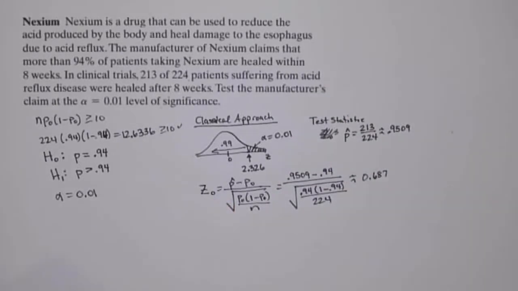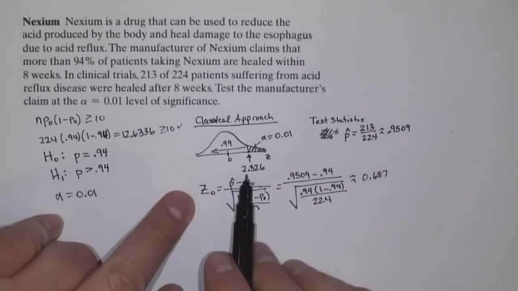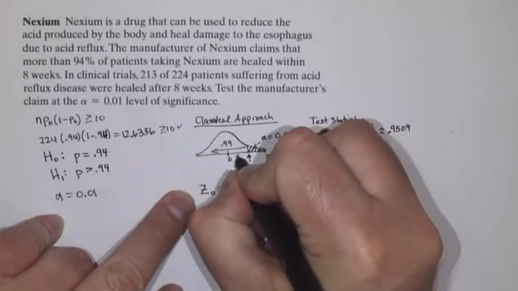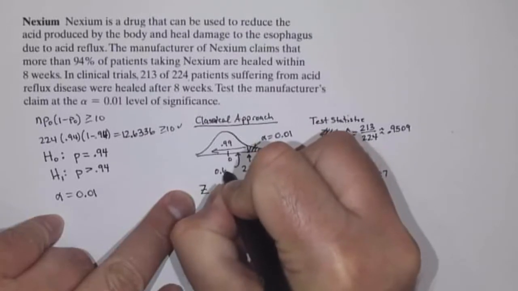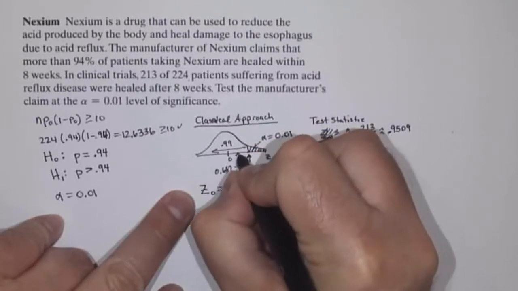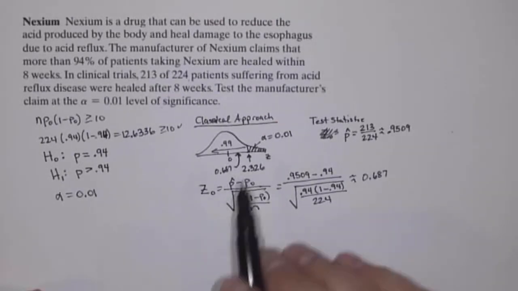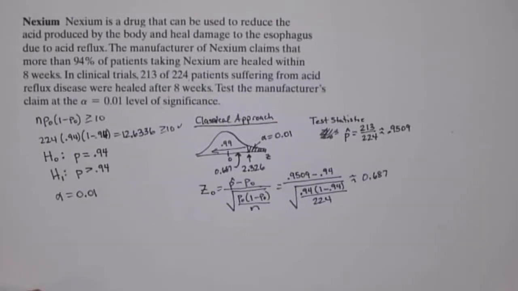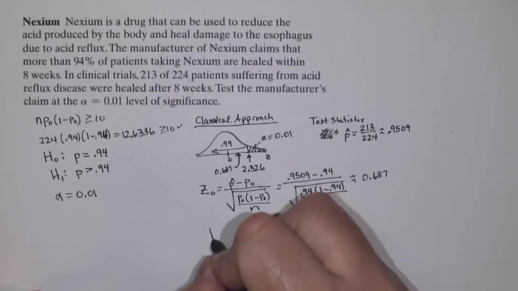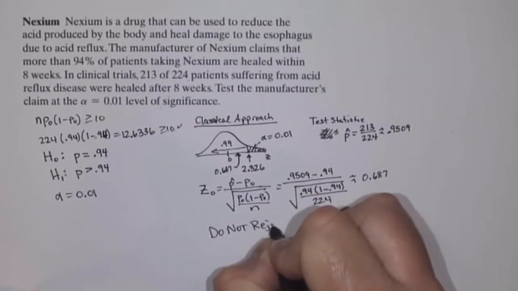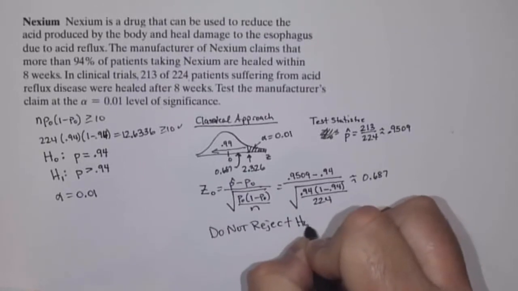0.687. Well, comparing that to my critical value of 2.326, 0.687 is over here to the left of it. It did not fall over here into the unusual area. So my conclusion: do not reject the null hypothesis.